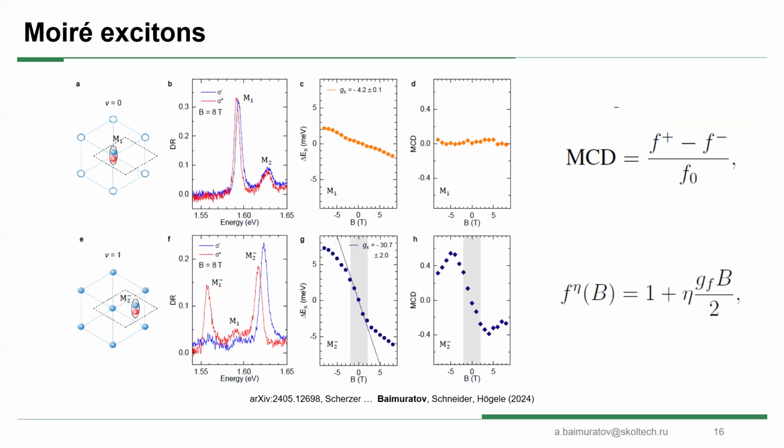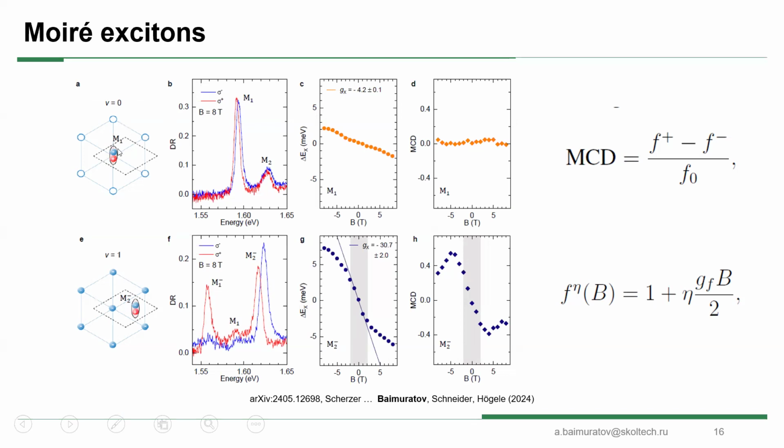And now we go to our M1 and M2 excitons, and we can measure this Zeeman splitting and the G factor. Here you see again these two situations. We don't have any electrons in the system, and in the second situation we have these electrons.